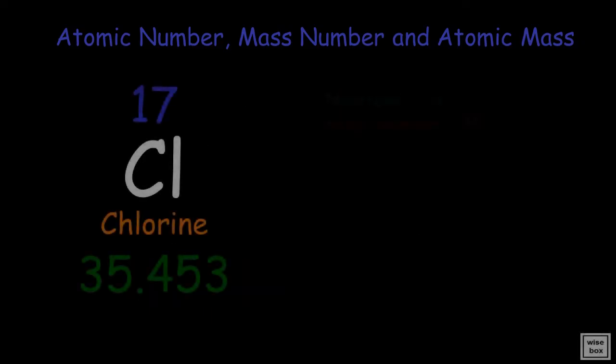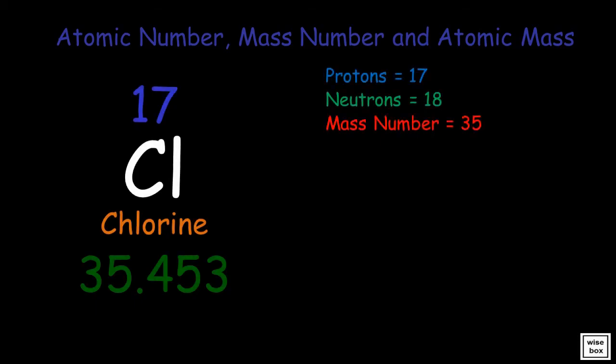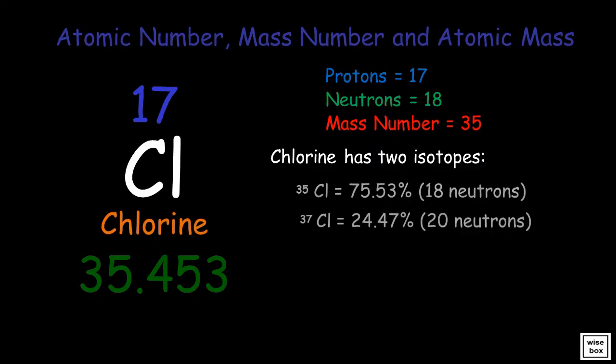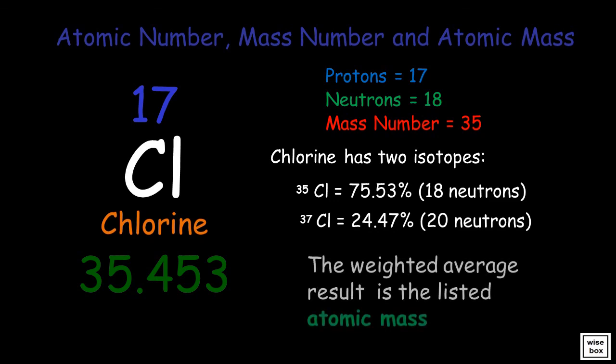The element chlorine with atomic number 17 has 2 isotopes, chlorine-35 and chlorine-37. Thus, the weighted average result is the listed atomic mass of 35.453.